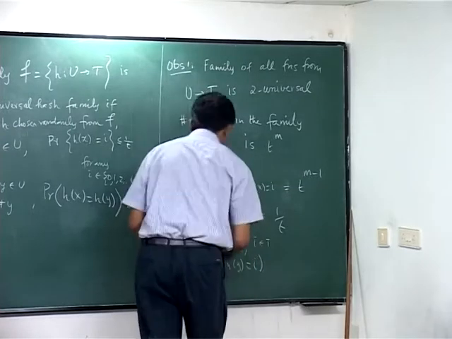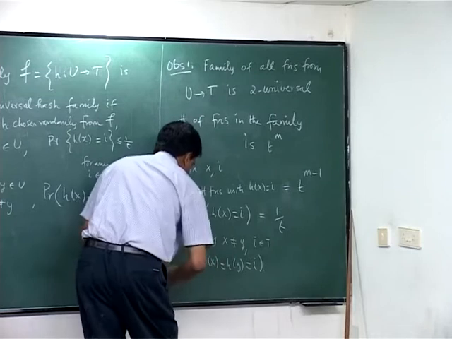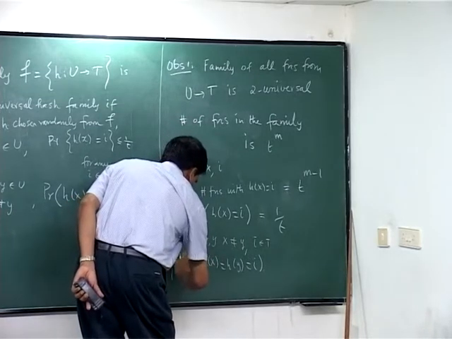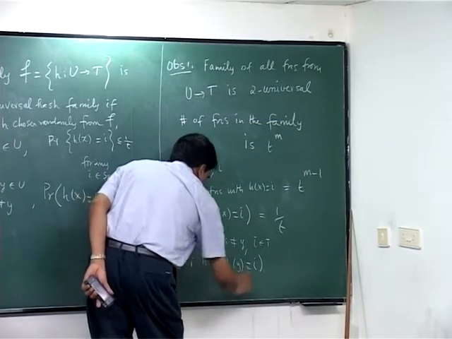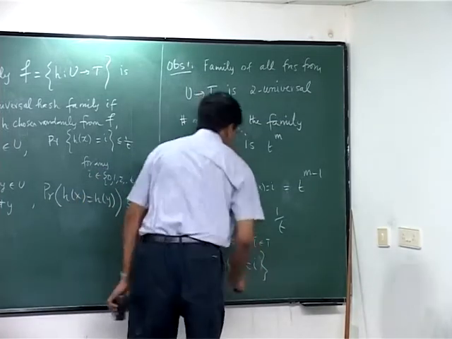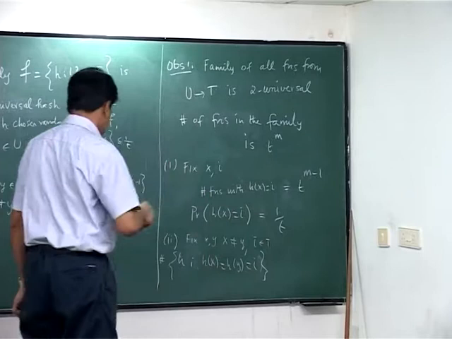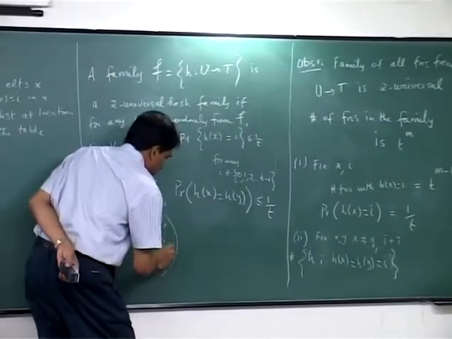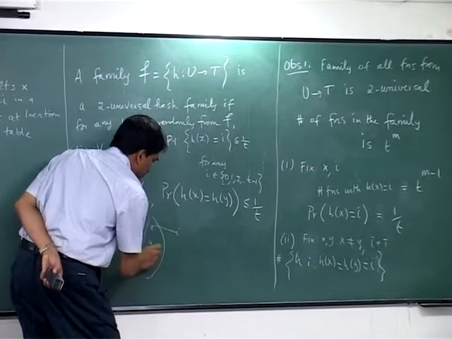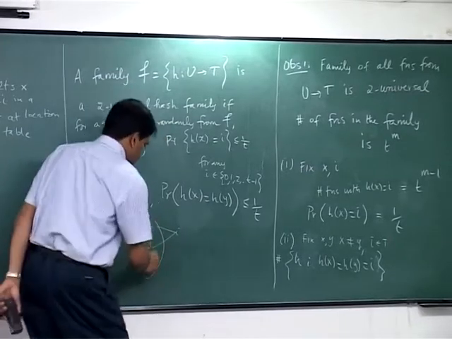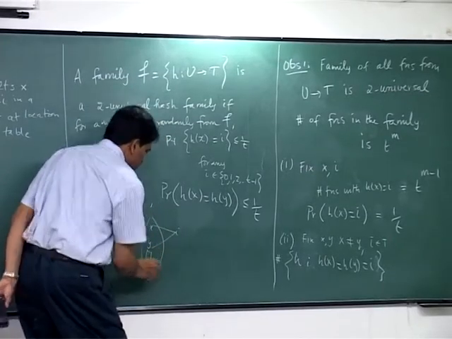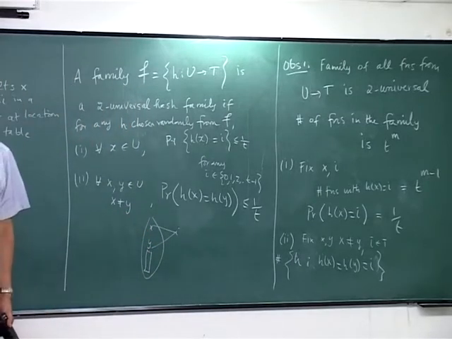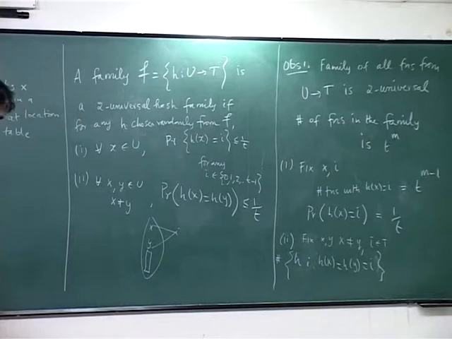How many functions have this property? Right, so x and y have been fixed to the value i. So now you have all the choices for the remaining: t to the m minus 2.